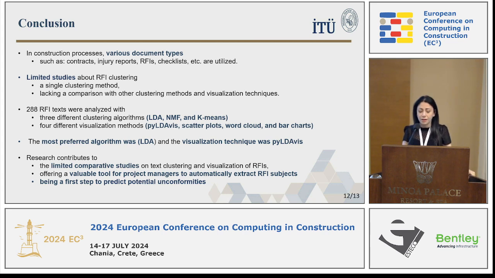LDA is the most preferred algorithm, and pyLDAvis is the most preferred visualization technique. This research contributes to the limited comparative studies on text clustering and visualization, and offers a valuable tool for managers about the automatically extracted RFI subjects.